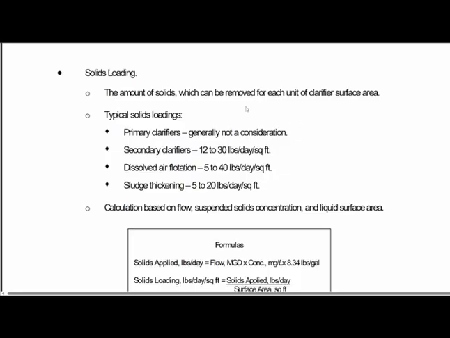Solids loading. The amount of solids which may be removed for each unit of clarifier surface area. Typical solids loading: primary clarifiers, generally not a consideration for this. Secondary clarifiers, 12 to 30 pounds per day. Dissolved air flotation is 5 to 40 pounds per day.